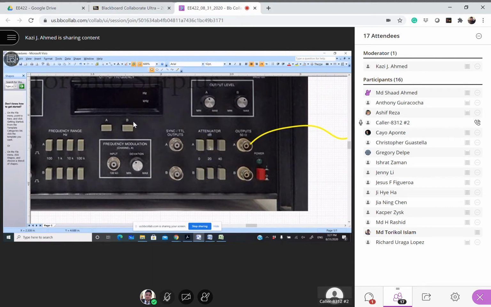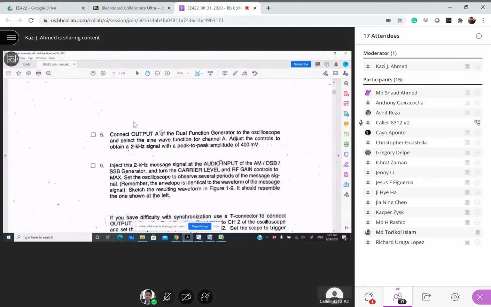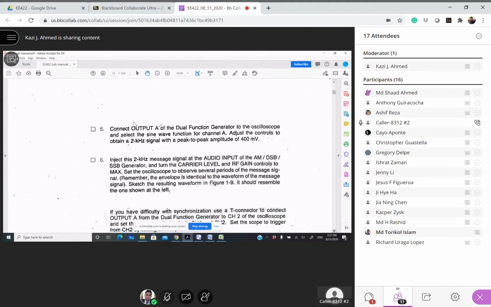The second one is 20 dB, which is a significant attenuation. And if you need further attenuation, you can use 40 dB, right? So in this case, you have to press the 20 dB one. As you see, it's already pressed in the picture. So we have to press this one to make it 400 millivolt amplitude.